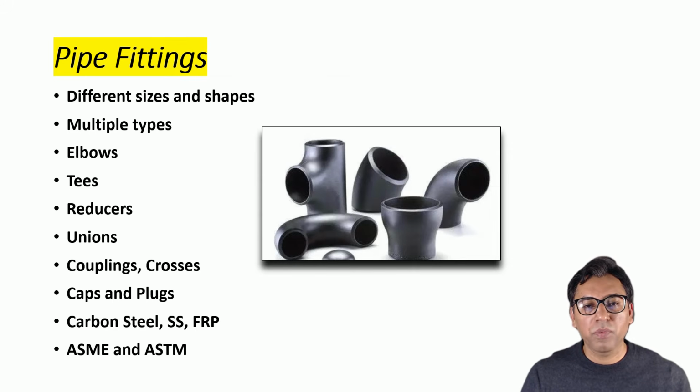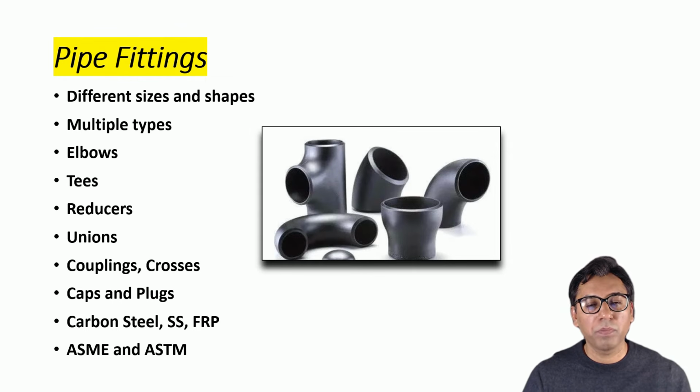There are different types of fittings like elbows, T's, reducers, unions, couplings, crosses, plugs as well. They are made of different materials, which could be carbon steel, stainless steel, FRP. They have ASME and ASTM and other standards of manufacturing. So that was a brief introduction about pipe fittings.